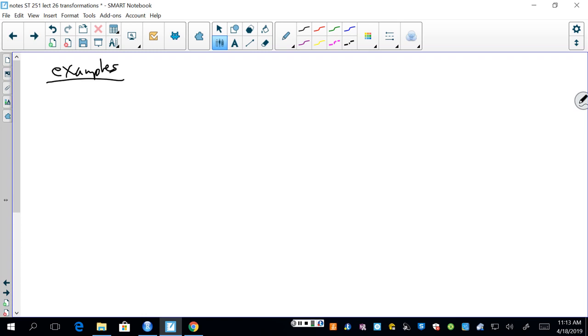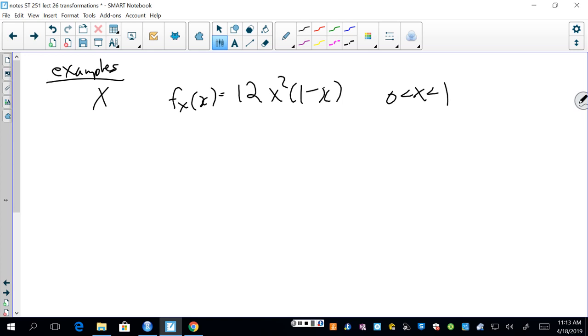So let's say we have a random variable x, and the density for our random variable is 12x squared (1 minus x) on 0 to 1. You may recognize this happens to be a beta distribution, so x is going to be some number between 0 and 1.